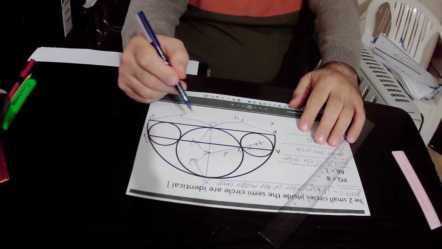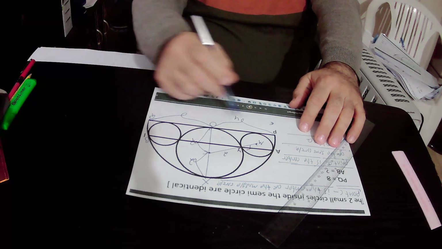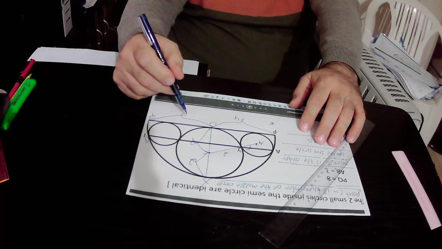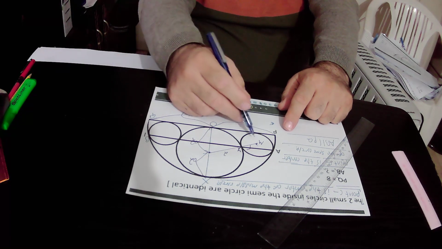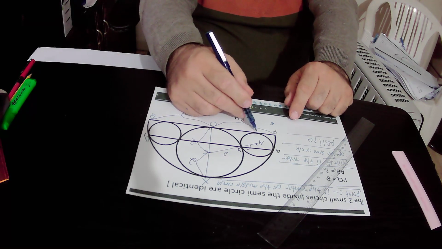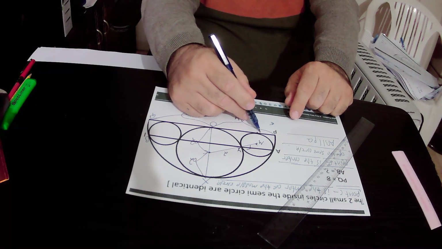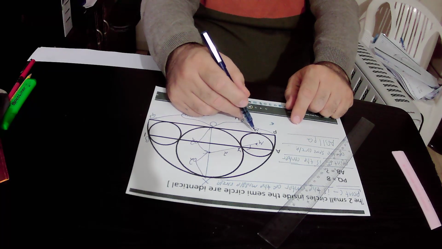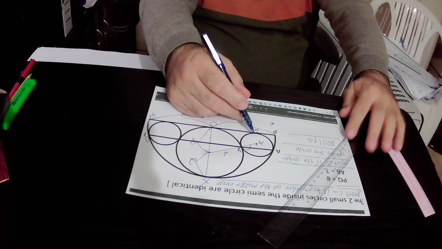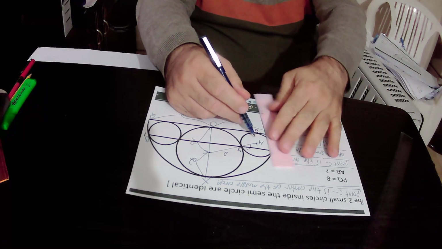And we have here PQ. We can also call it tangent PQ, which is tangent to this small circle at this point. This is actually the point of tangency. So we will define this point as point N. And we will join points M and N together by a straight line.